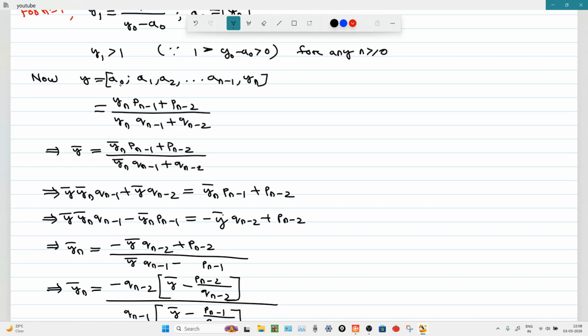Now, y equals a0; a1, a2, ..., a(n minus 1), yn. This formula is from Cn by Qn.